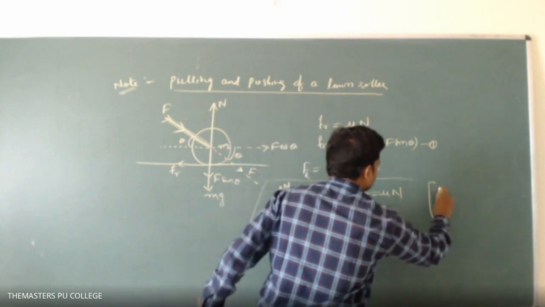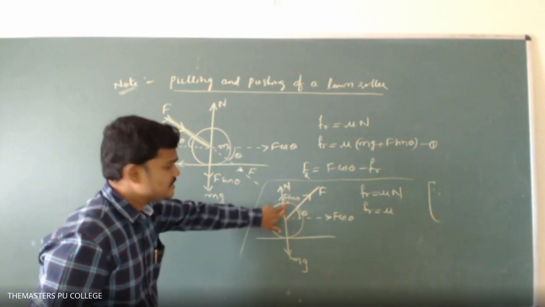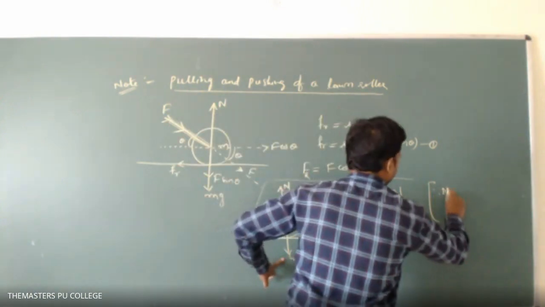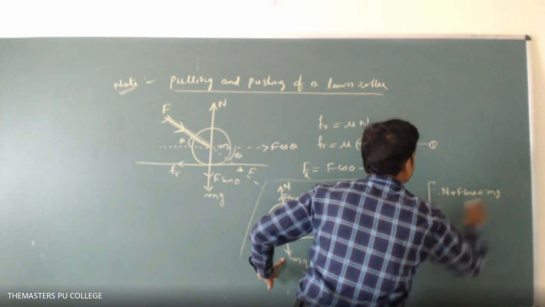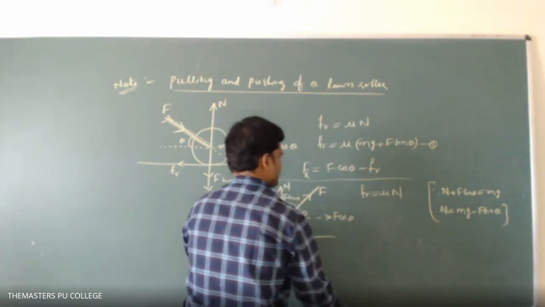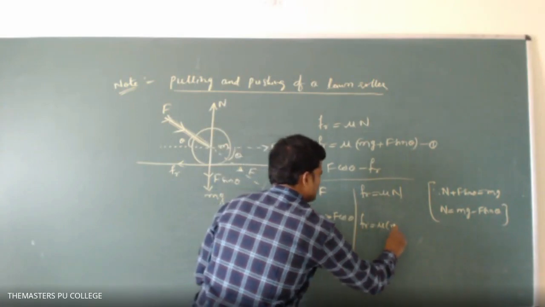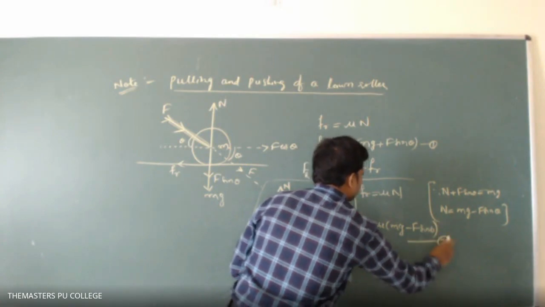N plus F sin theta is balanced by mg. That means N is mg minus F sin theta. So Fr is equal to mu times (mg minus F sin theta). Let us suppose this is equation number 2.